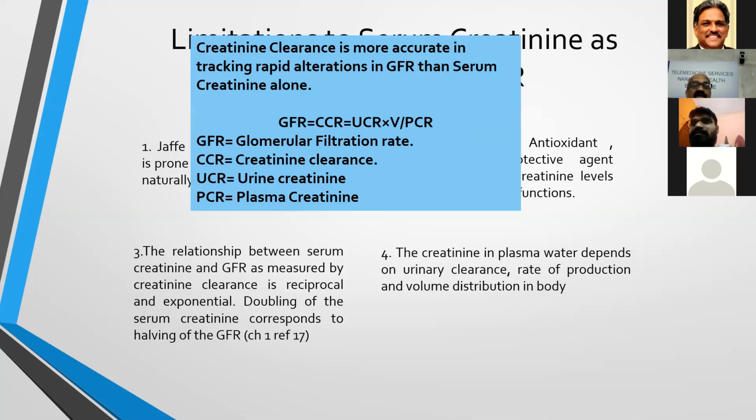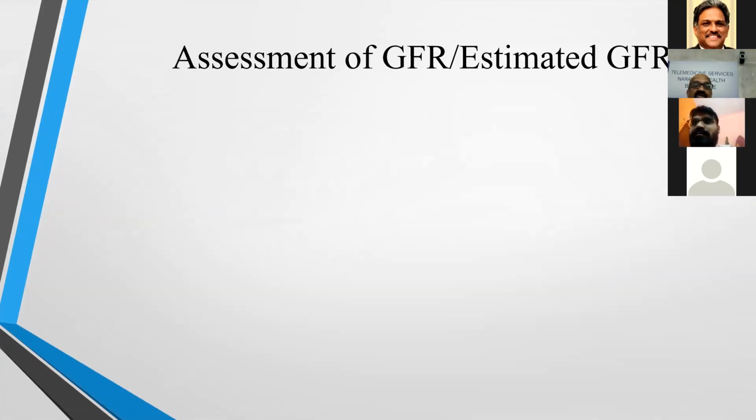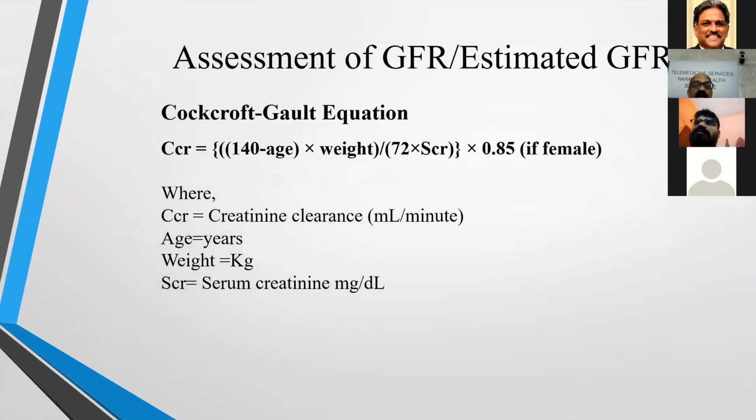So the creatinine clearance is more accurate in tracking rapid alterations in the glomerular filtration than serum creatinine alone. And this is derived by looking at the urine creatinine and the urine volume and the plasma creatinine, as we mentioned in the previous slide. The estimated glomerular filtration rate can be assessed using the sole value of creatinine depending upon the age, using the Cockcroft-Gault equation as shown in the equation here.